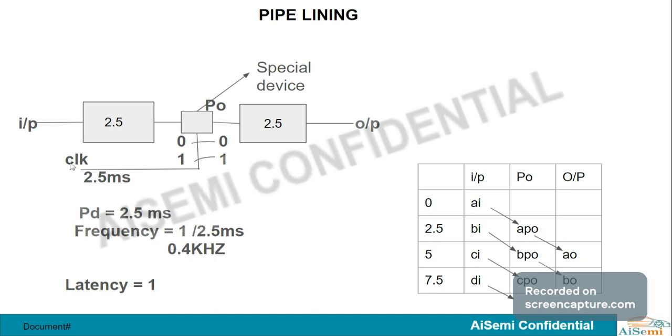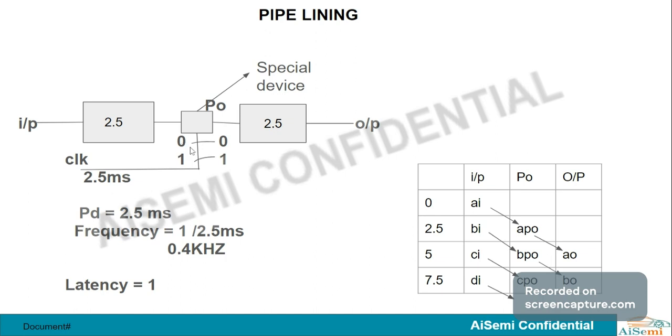Here the first step is that it will open the gate exactly at 2.5 milliseconds. The clock is connected to the special device. The second point is that it will pass the value from left to right.